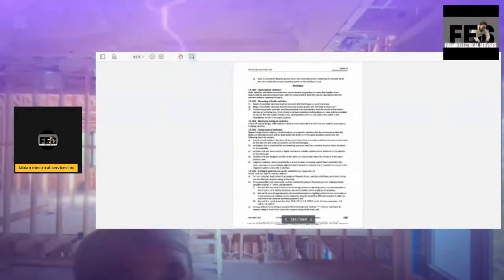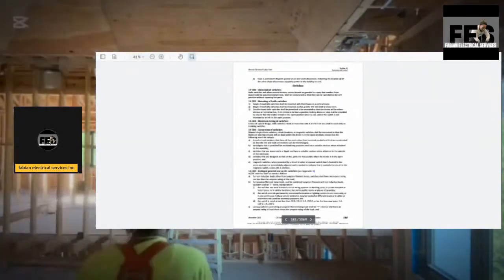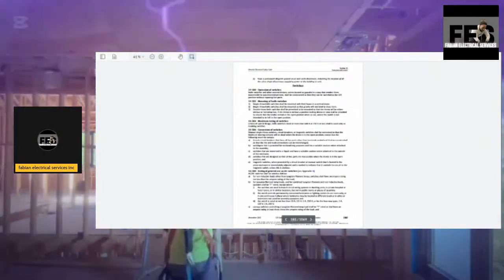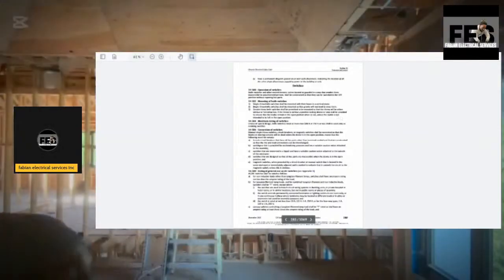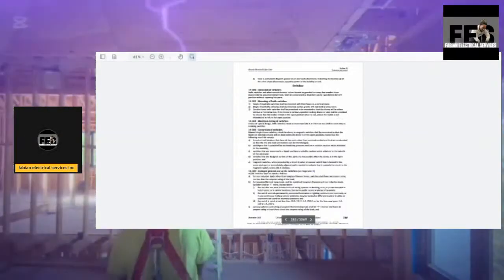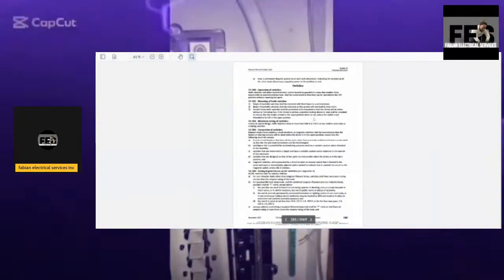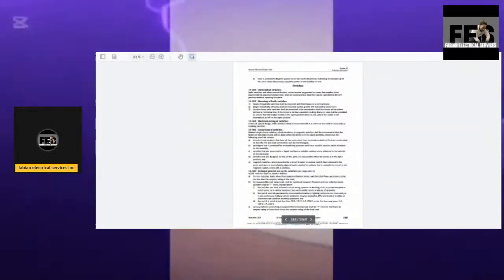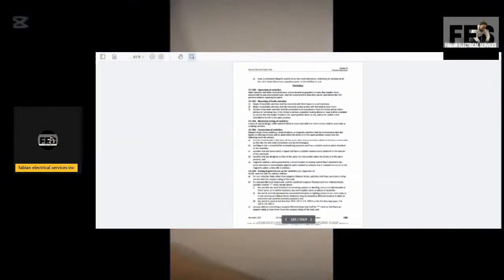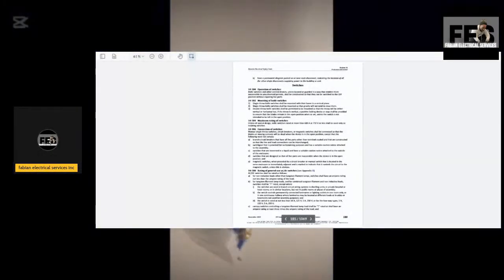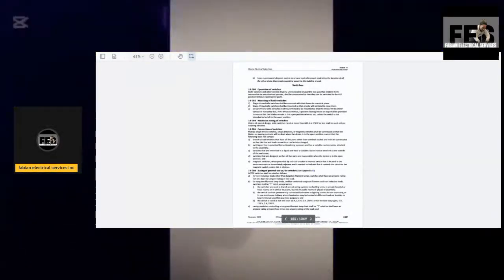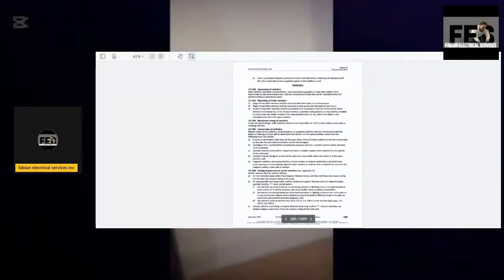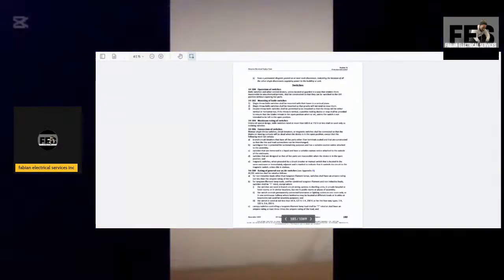But if the throw is vertical, a positive locking device or stop shall be provided to ensure that the blades remain in the open position when so set, unless the switch is not intended to be left in the open position. So these are special switches that you use. These are not your regular switches that you're going to be seeing inside of the home.